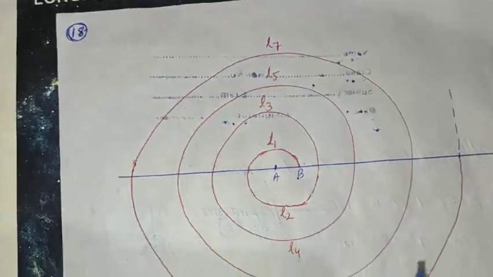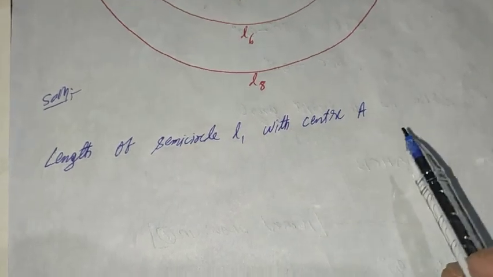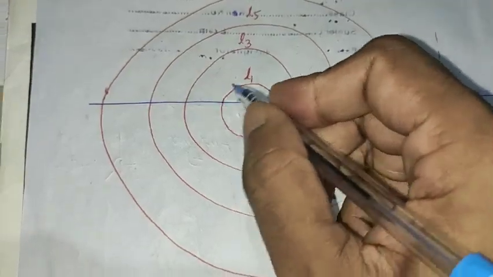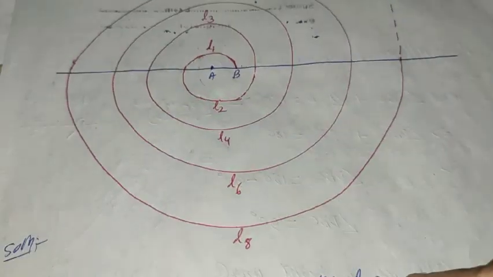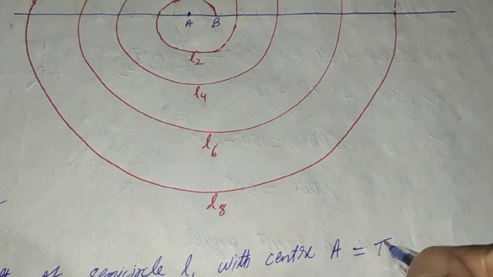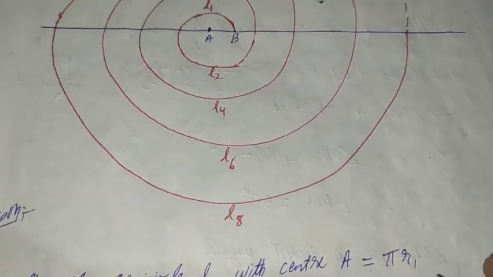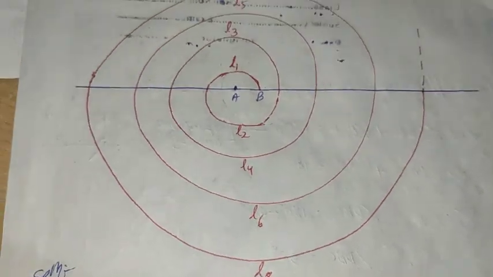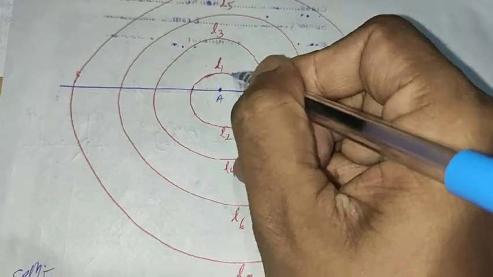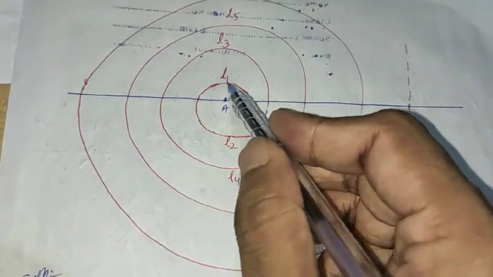Question number 18. The length of semicircle L1 with center A, L1 is equal to pi r1, where r1 is the radius of this L1 semicircle with center A. What is the radius of this L1?